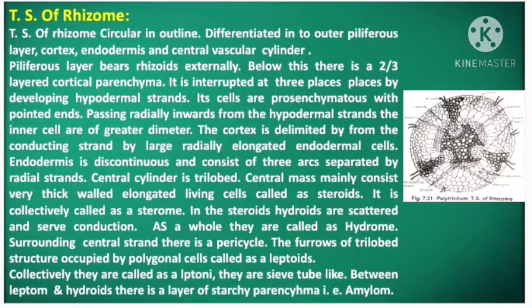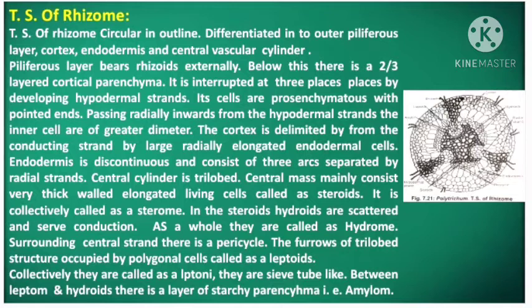The cortex is delimited from the conducting strand by a large radially elongated endodermal cell. The endodermis is discontinuous and consists of 3 arcs separated by radial strands. The central cylinder is trilobed.